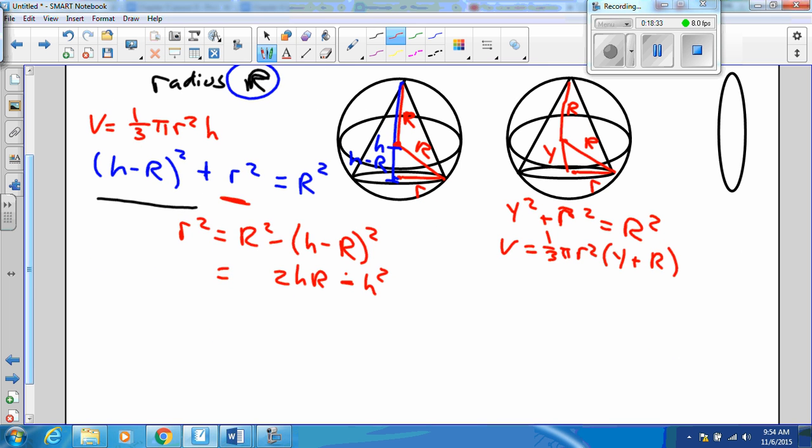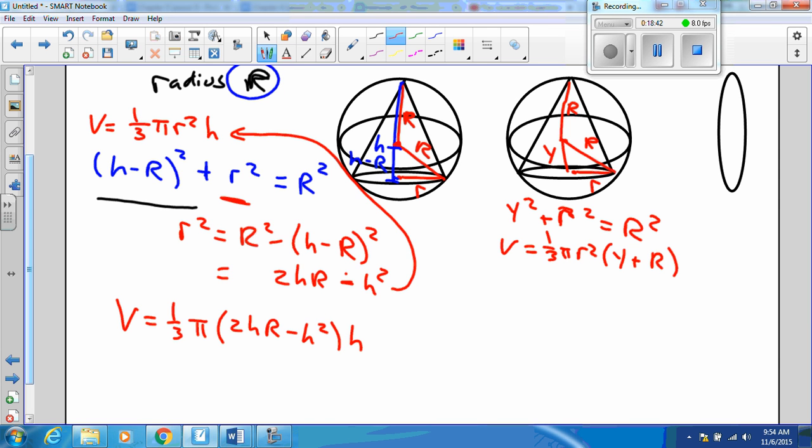Just like that. And that actually seems good enough. I think that this will work for plugging into here. Just like so. Any advantage to simplifying this? Yeah. Let's do that.